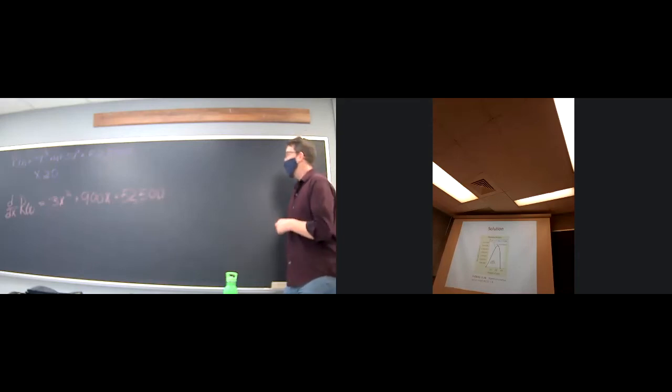Pro tip, anytime you want to divide something by 3, and you have a random number given to you, if the digits of that number add up to a multiple of 3, that number is divisible by 3. So we've got 12, 9, and 3. So factoring out, let's factor out a negative 3 here.